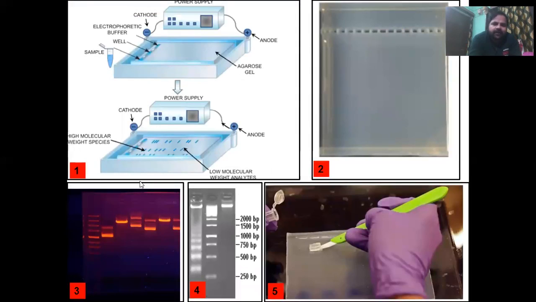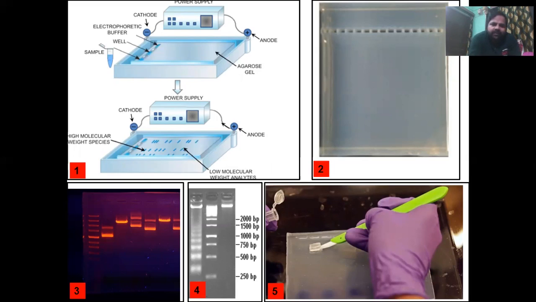We can see here in the first figure, we have loaded the DNA, and after some time we can see that on the basis of molecular weight, they will run towards the anode. As we know, if several molecules are moving through a pore, then the smaller fragment will move faster as compared to the larger molecule.